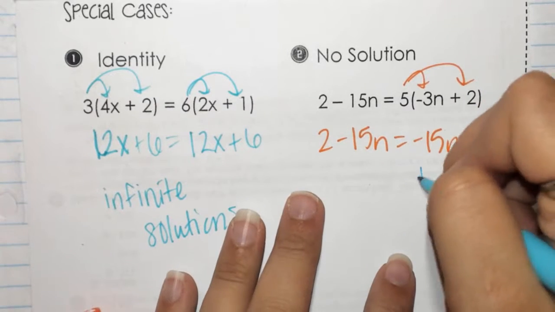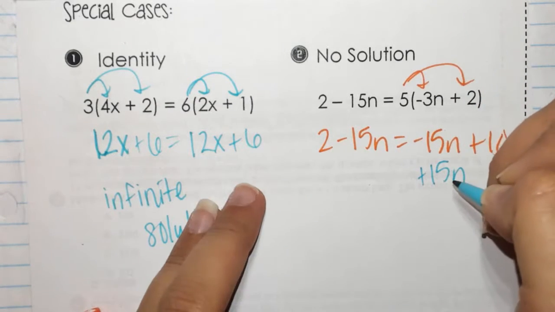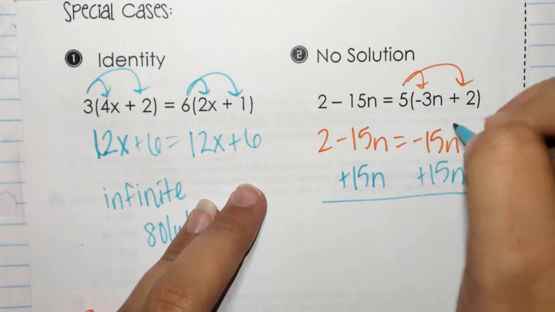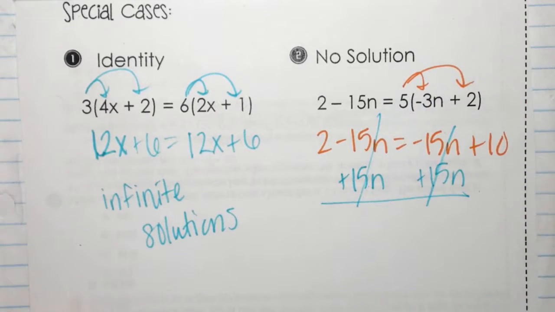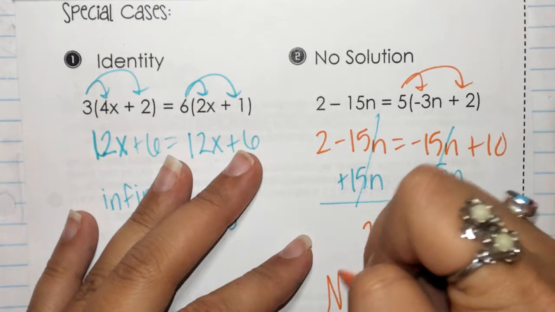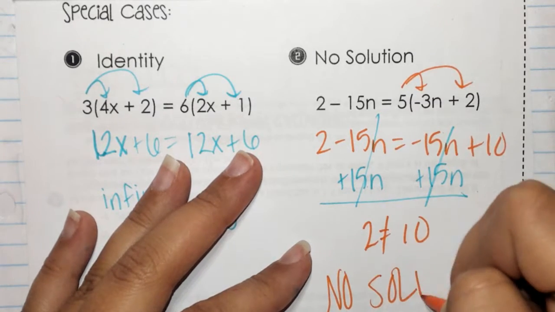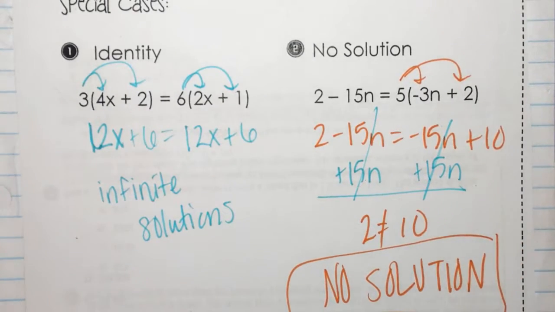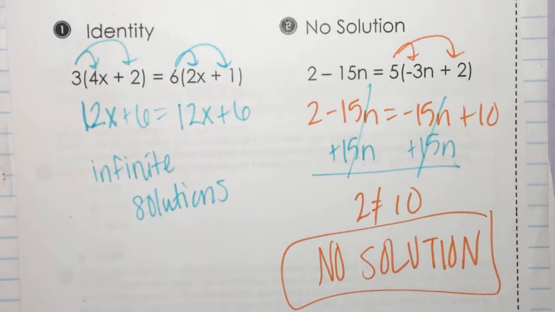Yes? Take a point. Ravenclaw, get it together. And that cancels on both sides, right? So does 2 equal 10? No solution. Magic. That's all you have to do.